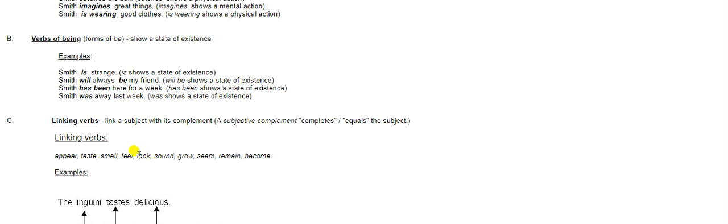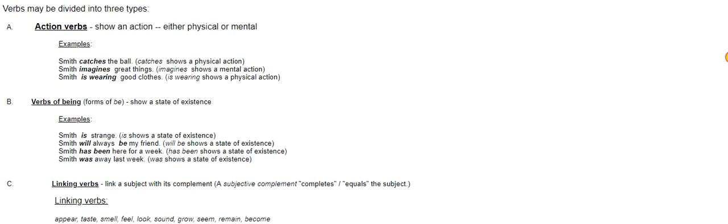We could do that on a few of these. The cake looked delicious. Okay, it's not saying that the cake has eyes and was looking. It's saying that to somebody else, somebody who's not present in the sentence, it looks delicious. Or the music sounds good to somebody else. Okay. All right, so that's just a little bit of review on what verbs are.